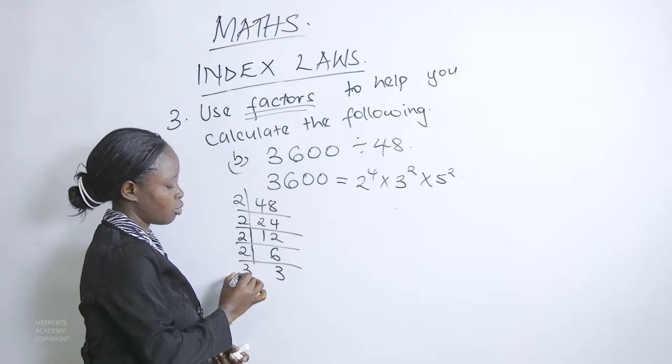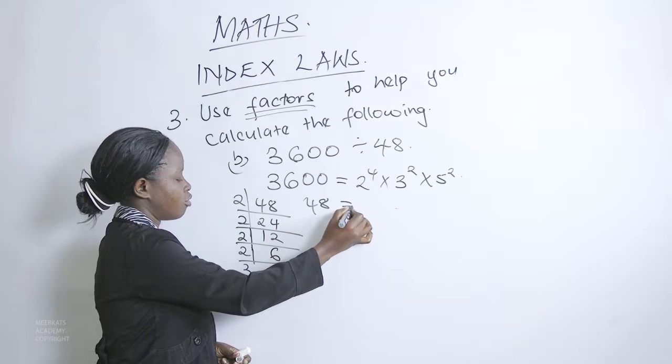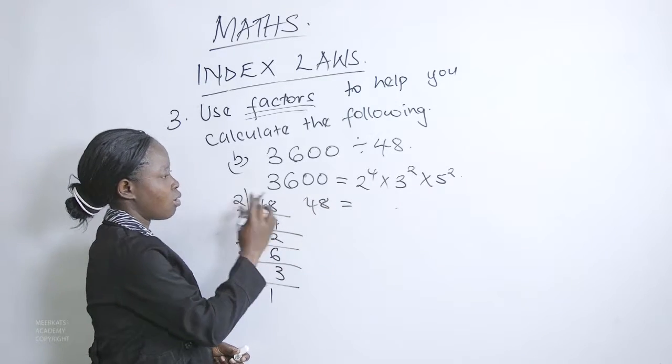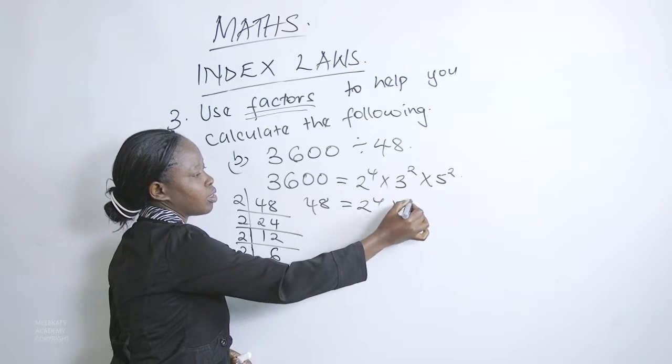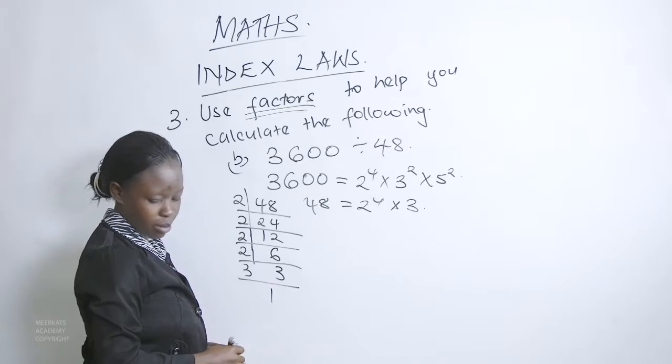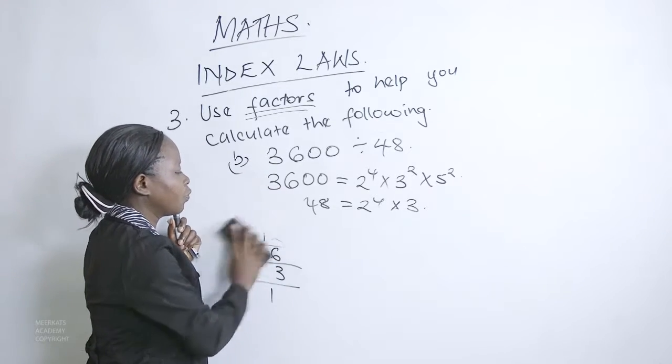Then 3 into 3, 1. So factors of 48, we have 2 to the power of 4 times 3.